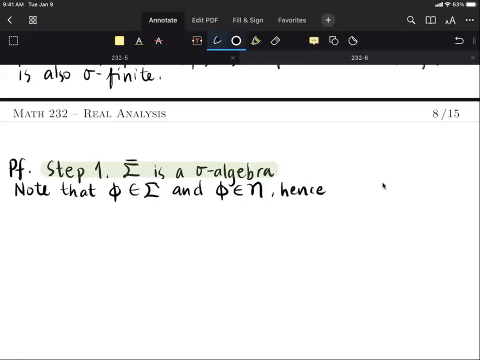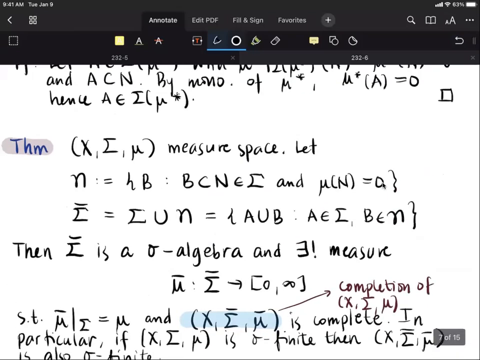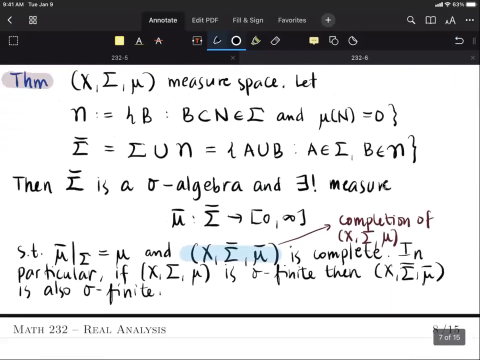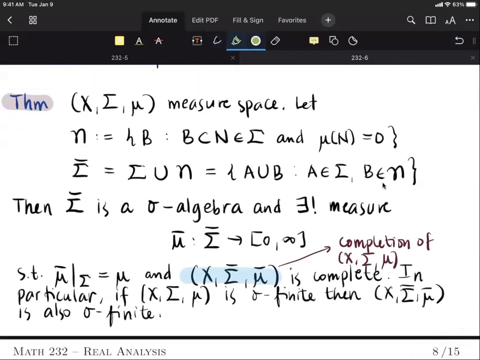And this implies immediately that your sigma algebra and the null sets are subsets of your sigma bar. Well, to see this, it is enough to take, let's say, A to be empty, then you get an element N in N. And if you take B to be empty, you get an element of sigma.